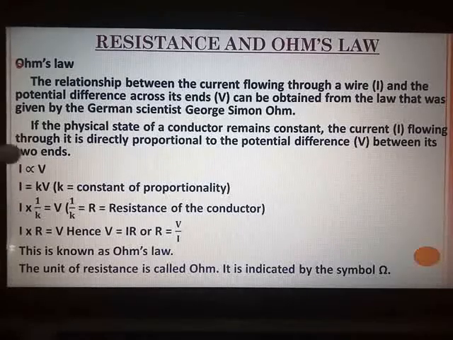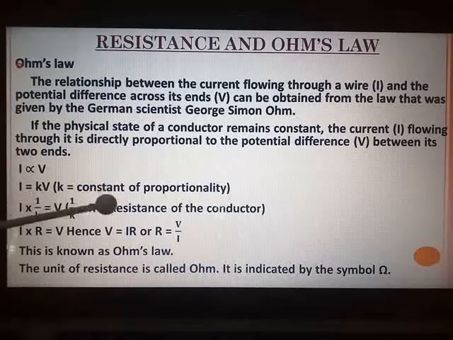If you want to remove this proportionality sign, we have to take a constant of proportionality. So I is equal to K multiplied by V, where K is the constant of proportionality. If you take this K over here, it will be I upon K, so I multiplied by 1 upon K is equal to V. 1 upon K is what?